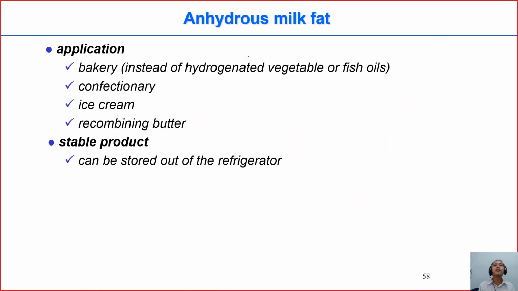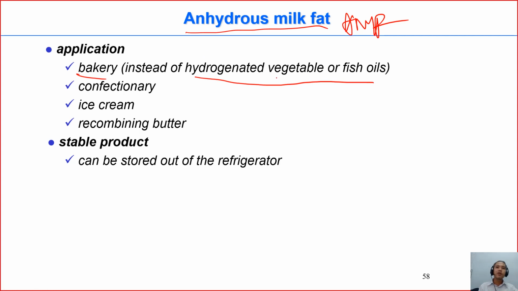Now we talk a little bit about AMF, anhydrous milk fat. AMF is actually milk fat. We already discussed in chapter 3 that milk fat is kind of saturated fat because it's from animal, it's not from plant, right? So they can apply milk fat in bakery instead of using hydrogenated vegetable or fish oils.